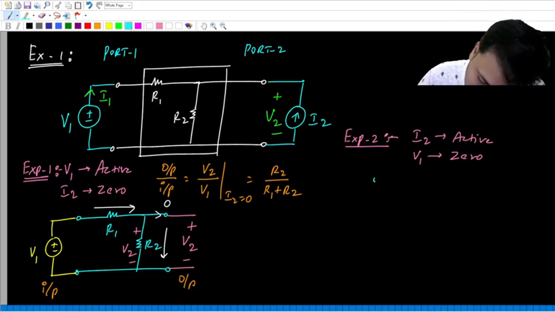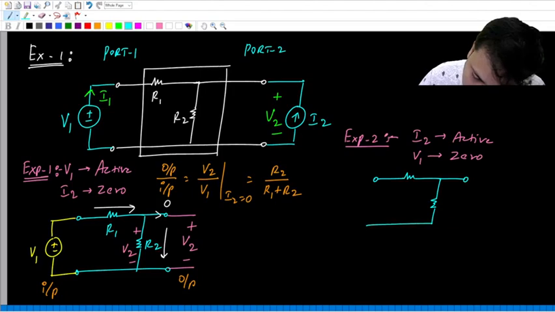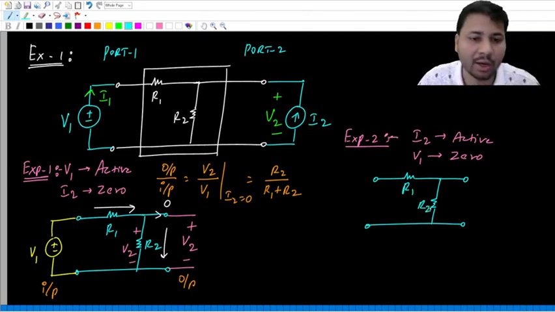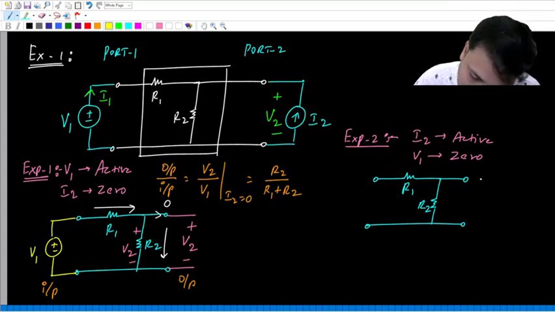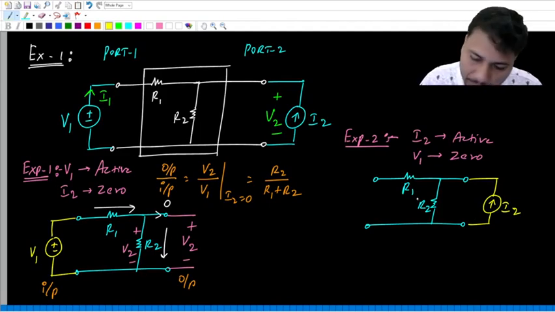Let us again draw the original network. So the original resistive network will always remain the same, R1, R2. Right hand side, the current source is kept active, so we connect the same current source I2.